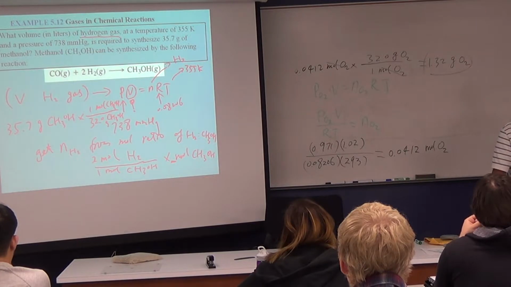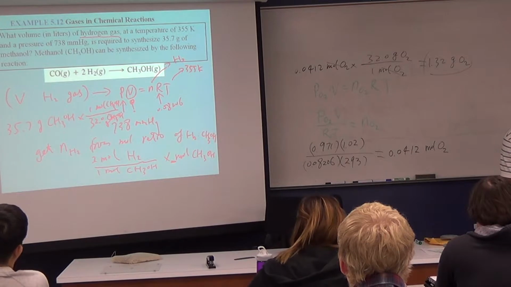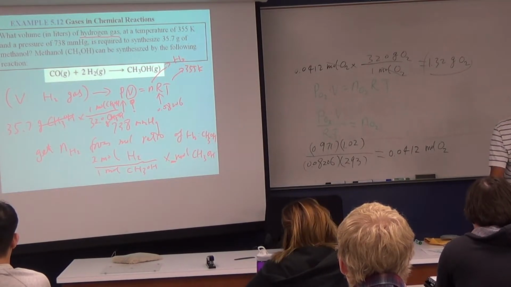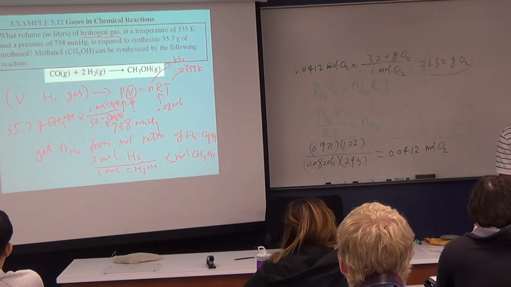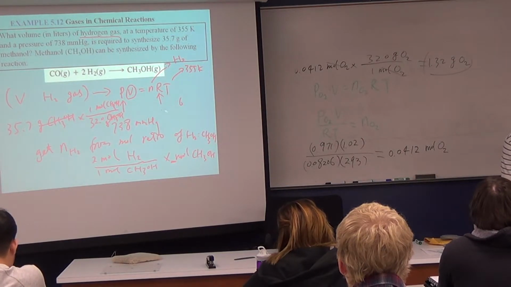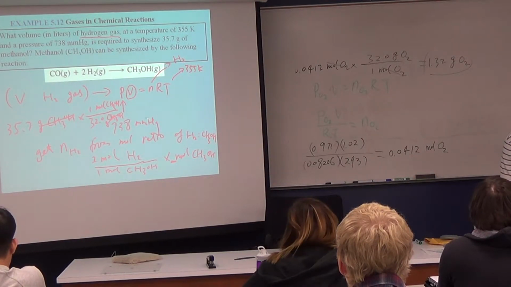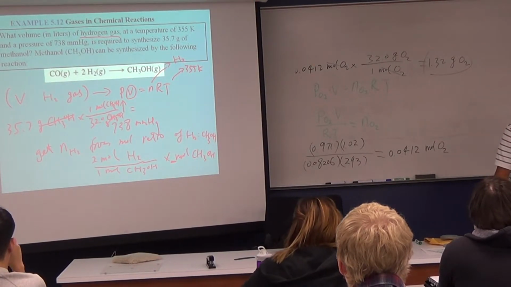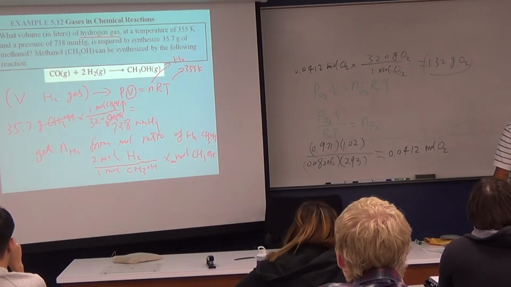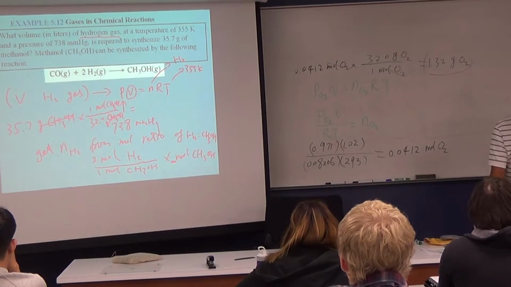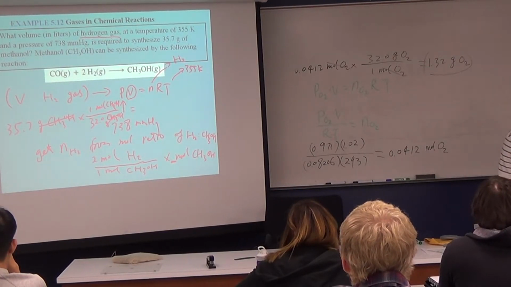You see that? Good. So then gram and gram cancel out, and you will get how many moles, right? Okay, so calculation, 35.7 divided by 32. Maybe what is that, 32.2? 0.04?